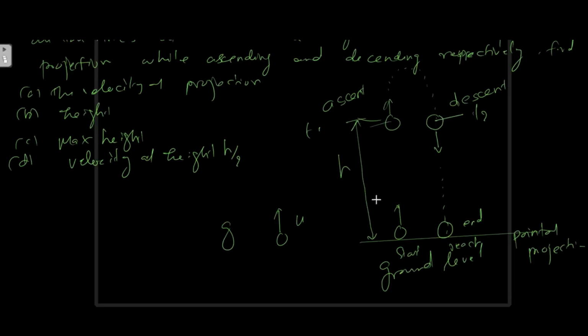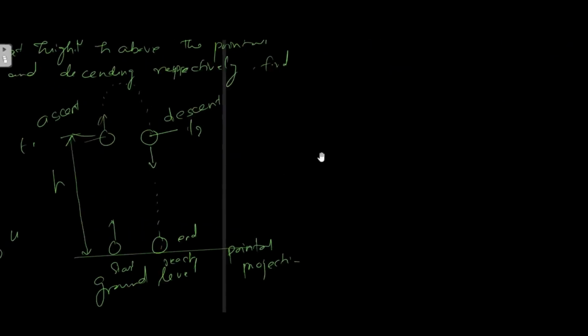For this, we need to use the kinematic equation under constant acceleration due to gravity. Here h is the height. At the time of projection, the initial velocity is u.